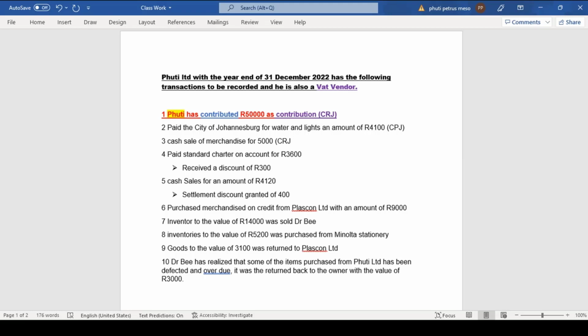So Standard Charter was actually paid by account with an amount of 3,600 Rand. Where would you think this would go? Is it not CPJ? It is CPJ, yes. Right. And there was a discount received of 300 Rand. Isn't it discount allowed? No, it's not discount allowed. The discount received.